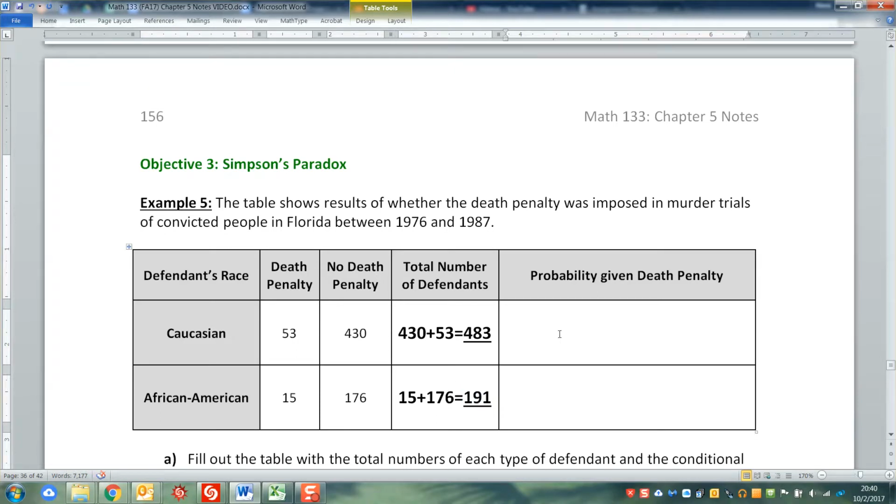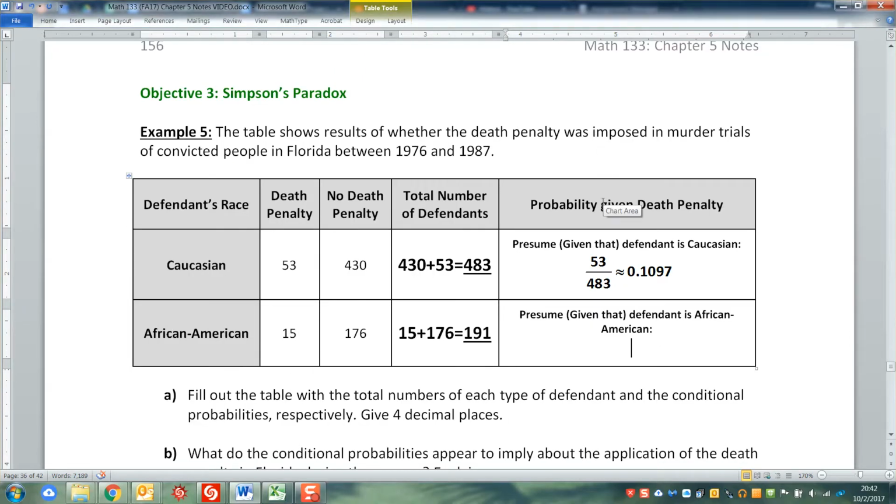All right, so now we're going to find the probability they were given the death penalty. And we're going to do it across the row. So we're going to presume the defendant is Caucasian for the first row, and then presume the defendant is African American for the second row. Since we're working across the row, we are assuming that we're given the race.